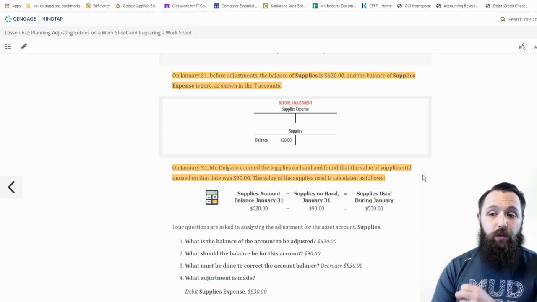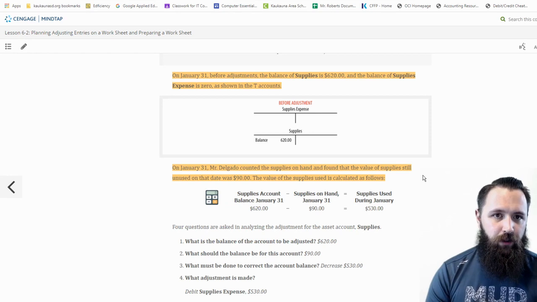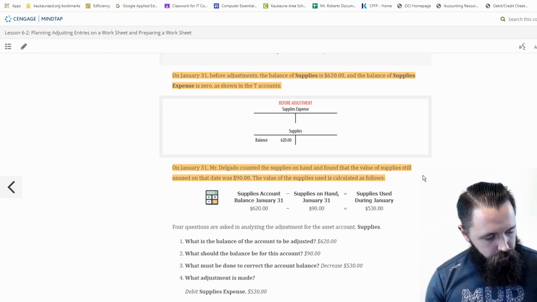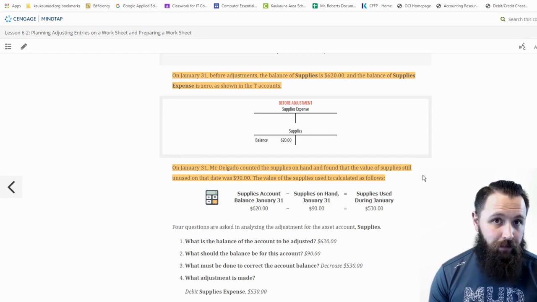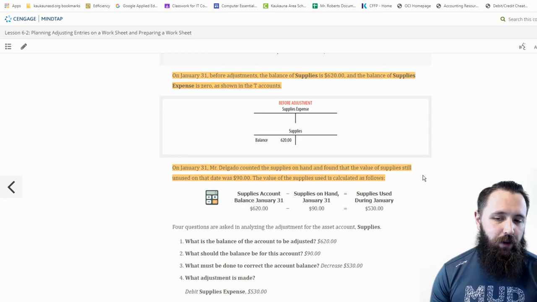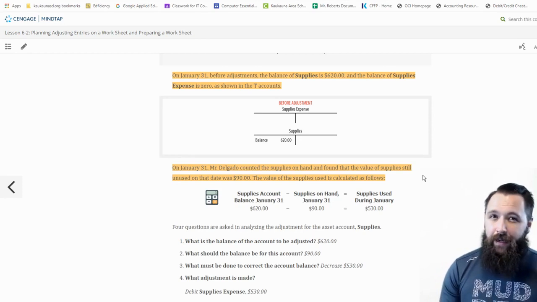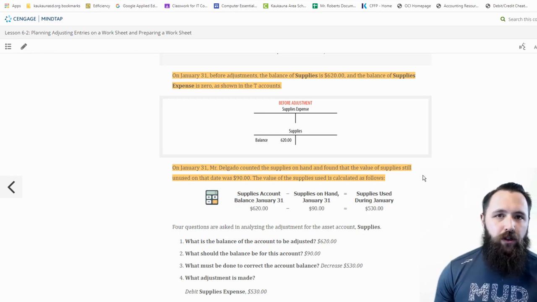The value of the supplies used is calculated as follows. So supplies account balance on January 31st. That means all the supplies that we began our inventory with and that we've purchased. So the current supplies account on January 31st is $620. Now, from here, we went out and we counted our supplies on hand.